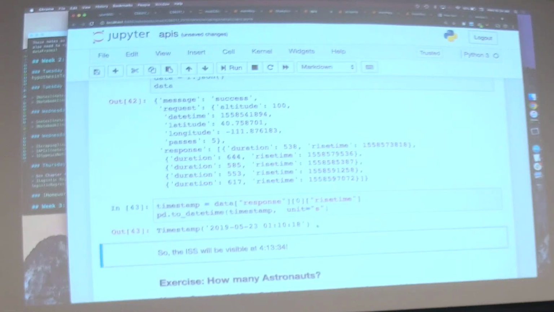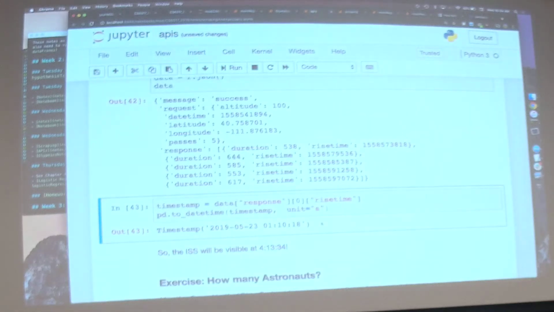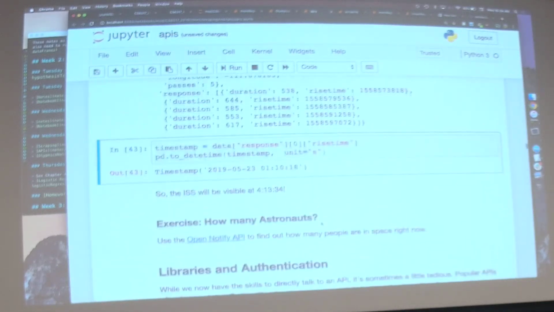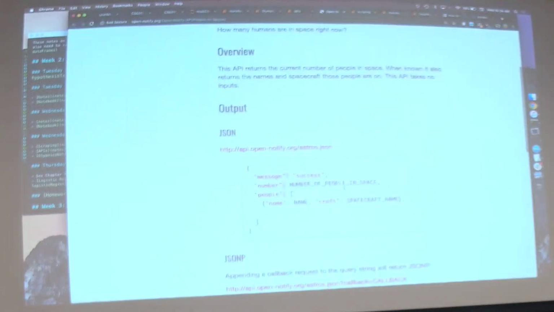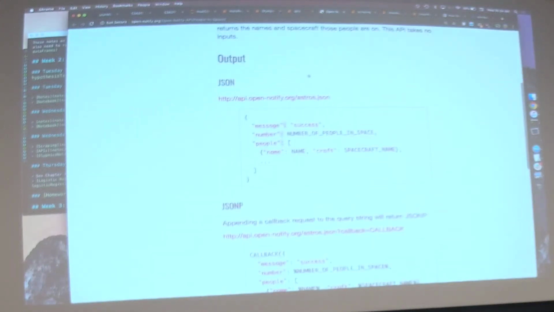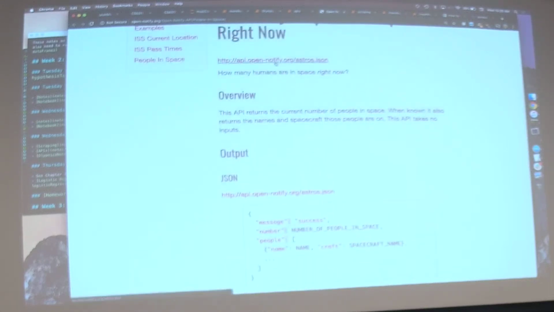So the next one is going to be tonight at 1 in the morning. Kind of neat. There's another API which tells you the number of astronauts. We can go ahead and query this guy.